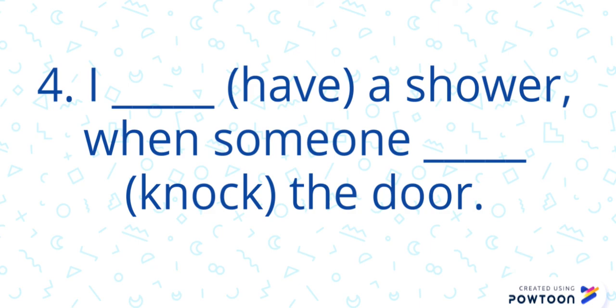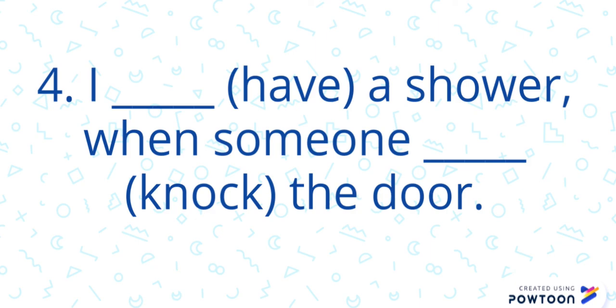I was have a shower. What do you have to add with the verb have? You have to add something to the verb have because you are using continuous. So if you have I was, how would the verb have be? No sé, le pongo ing. Yeah, very good. So I was having, continue.